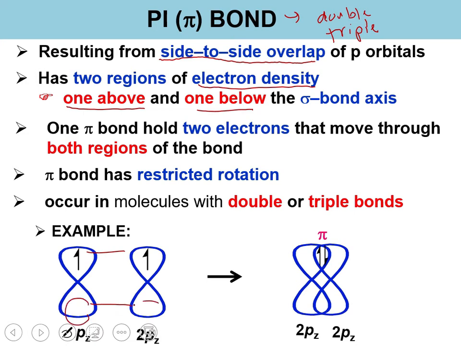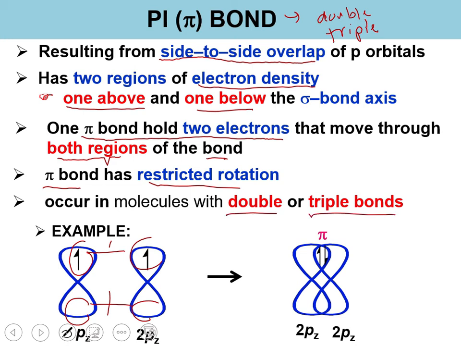One pi bond will hold two electrons that move through both regions of the bond, and a pi bond has restricted rotation. This is how you represent the pi bond, and this is the symbol for pi bond.